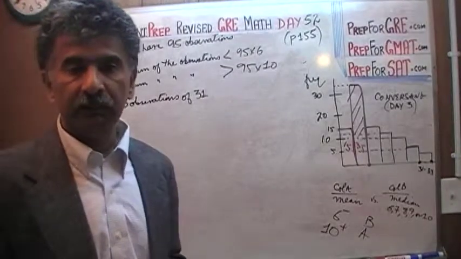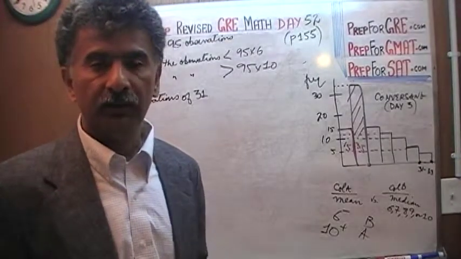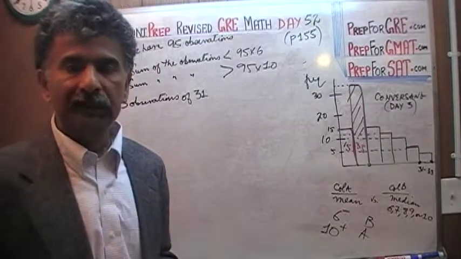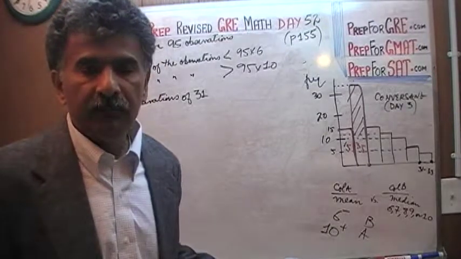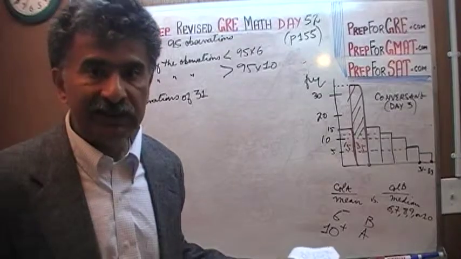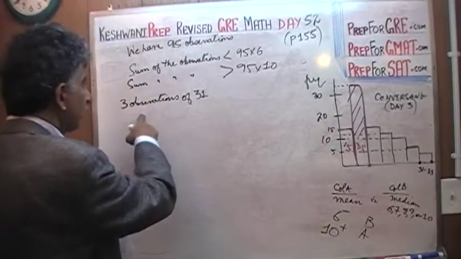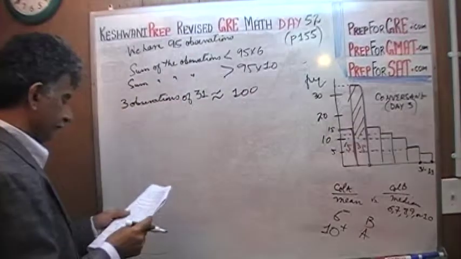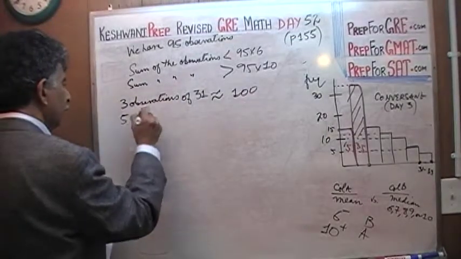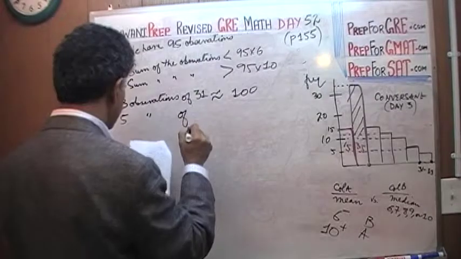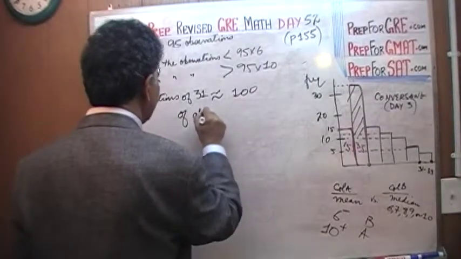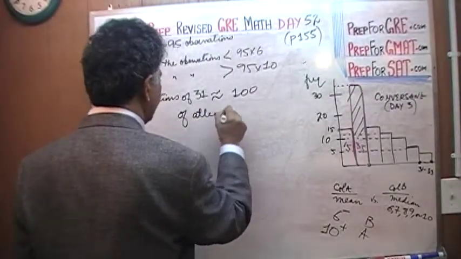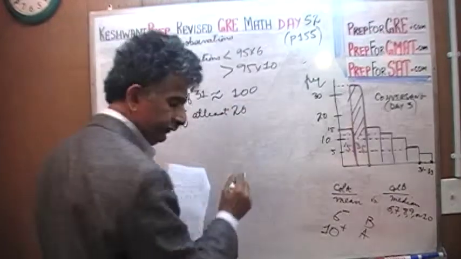It is quite possible that one of them is 31, the other one is 32, and the last one is 35. But in the worst case scenario, even if all of these 3 observations are 31 each, 31 times 3 will give us something approximately 100. Similarly, we have 5 observations of, I should put down the word at least, 26.